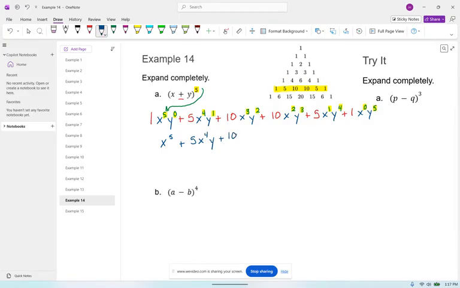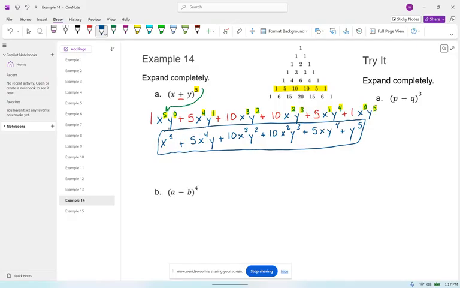Plus 10, x to the third, y to the second, so that one stays the same. Plus 10, x to the second, y to the third. Plus 5, x to the first, we can just write as x, y to the fourth. And then our last one, we don't need that coefficient. We don't need the x because it's x to the first, so we'll just have y to the fifth. And that's going to be fully expanded.